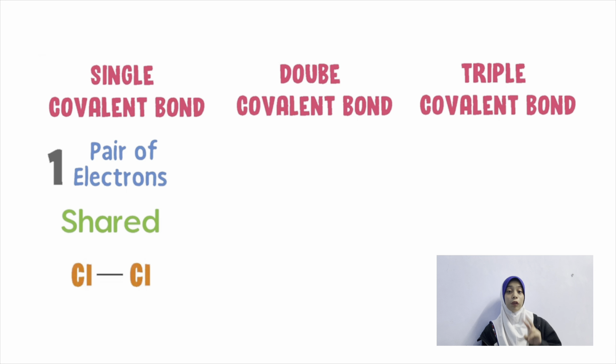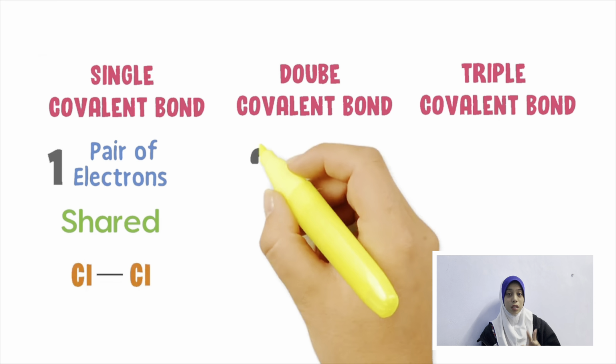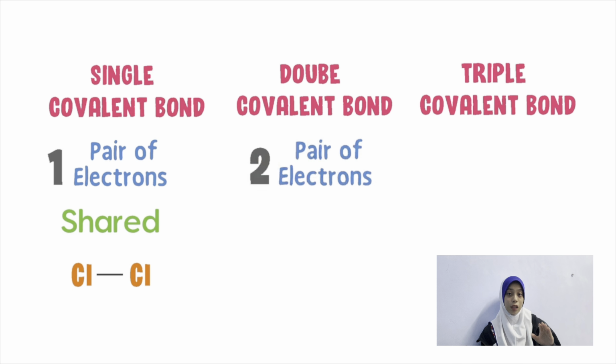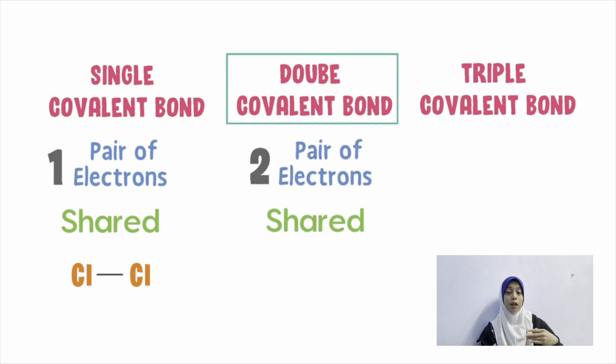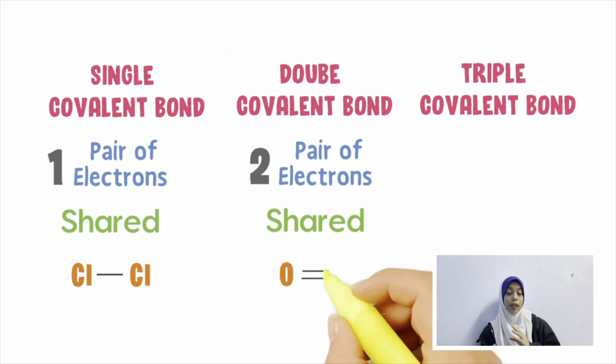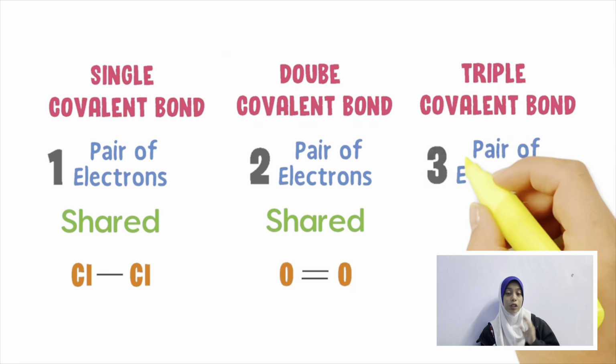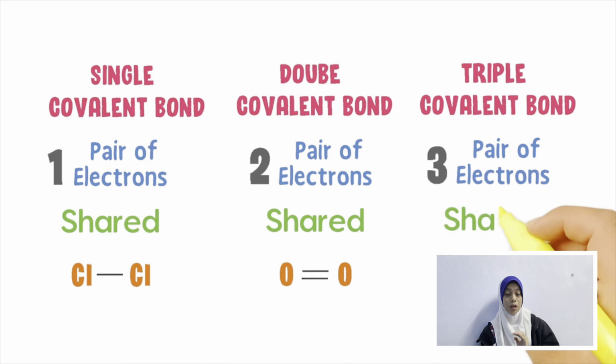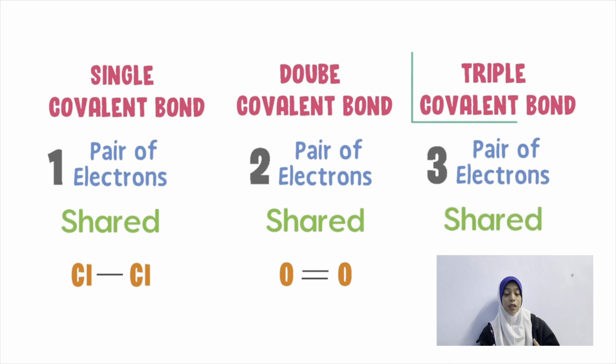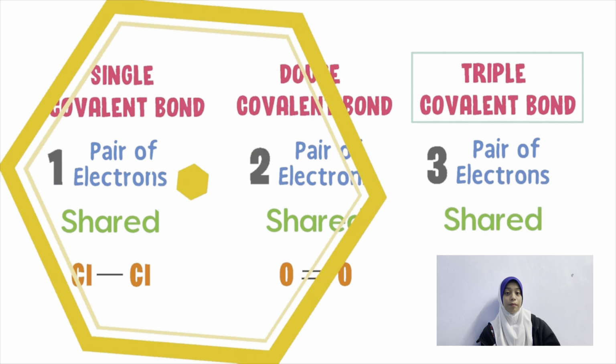Next, if two pairs of electrons are shared between atoms, they form a double covalent bond, like oxygen gas. Lastly, if 3 pairs of electrons are shared between atoms, they form a triple covalent bond, like nitrogen gas.